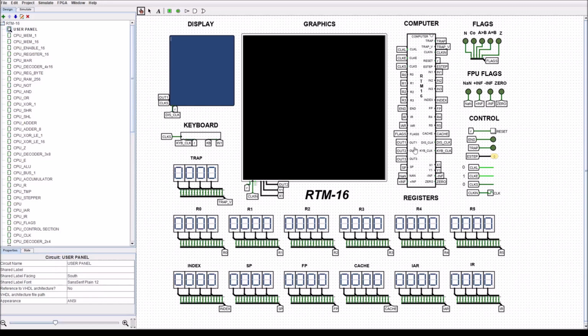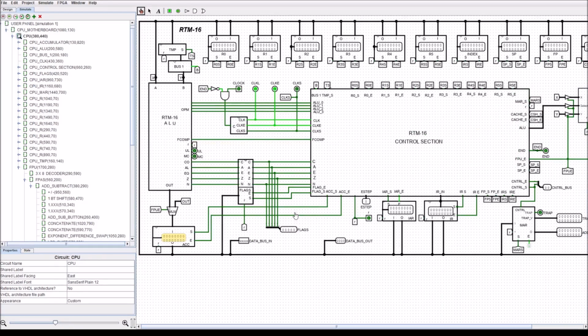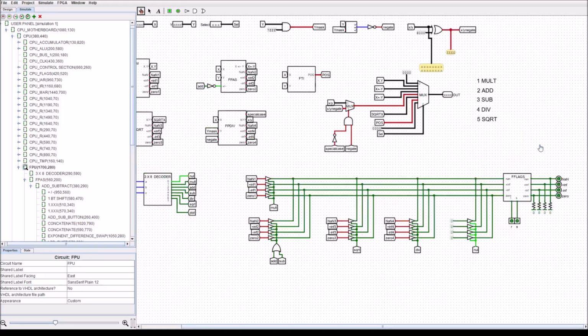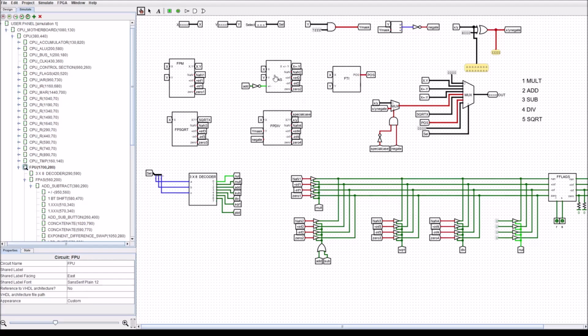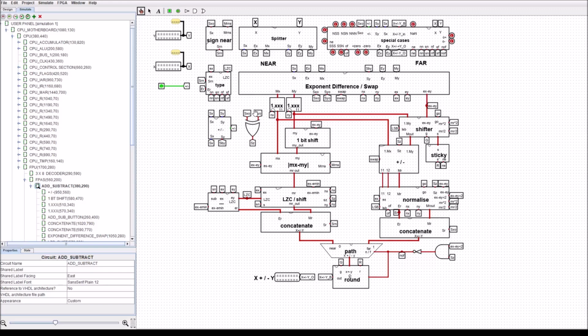So we can drop into the computer and then into the CPU, and then we can head across over to the floating point unit. Now we're interested in the adder and subtractor, which is here, and we'll drop into the top level. So you can see here we've got the same setup that we've seen through the rest of the video.